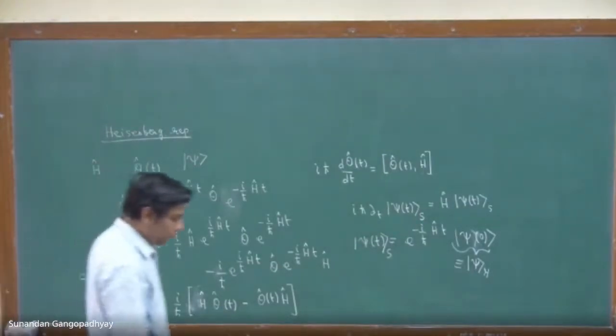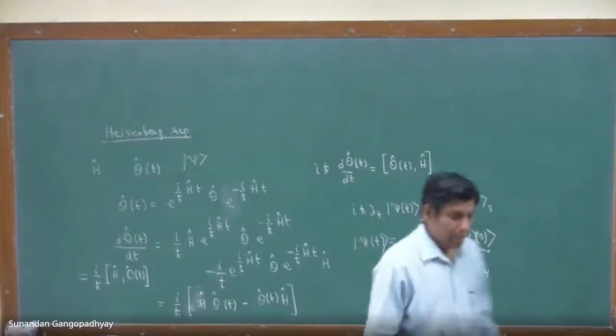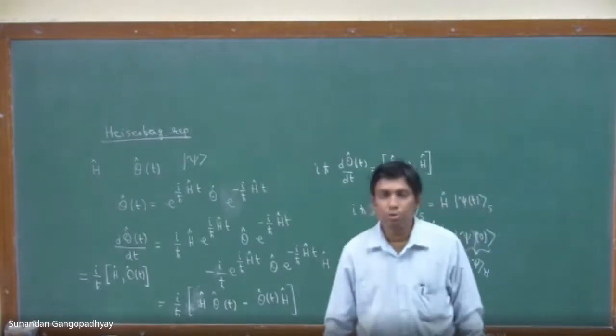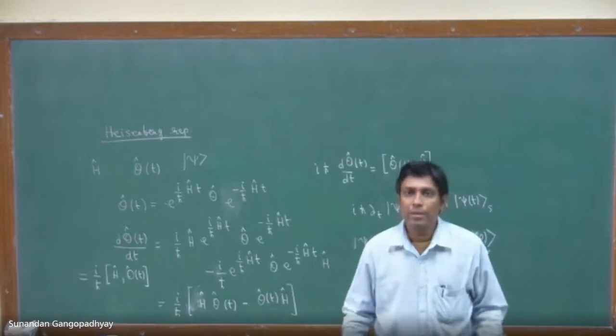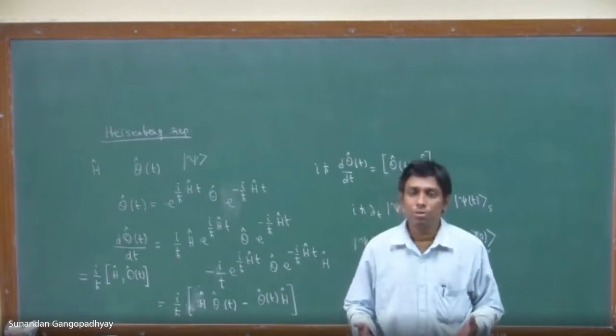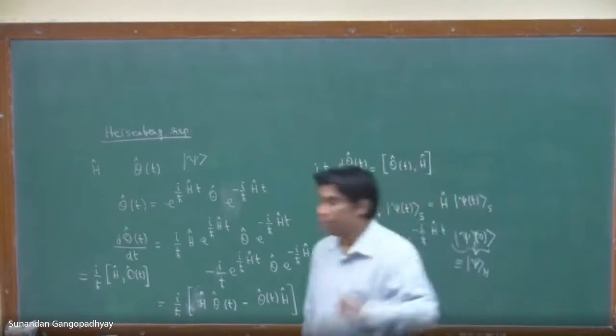And this actually follows from the time dependent Schrodinger equation. Now you know that the results that you get after computation should be independent of the representation in which you are working. So all the matrix elements that you calculate should be independent of the representation, and you should check it.